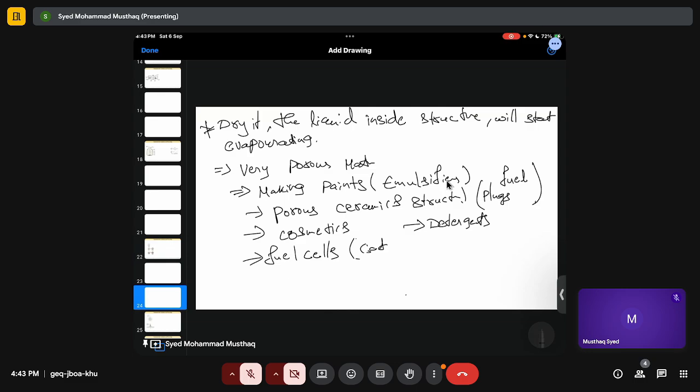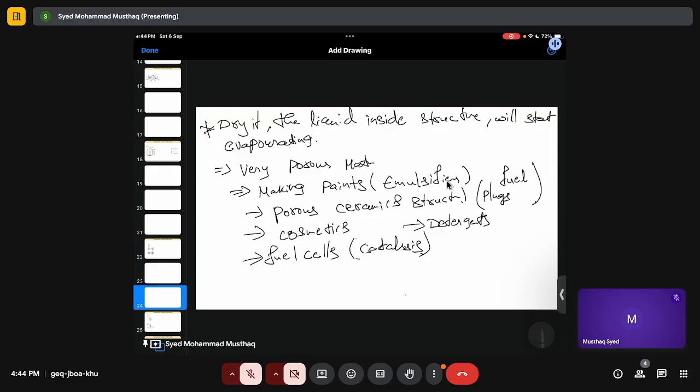Okay, so because of this porous structure, for catalysis you need a high surface area, I mean a large surface area, so that can be provided from this porous structure.